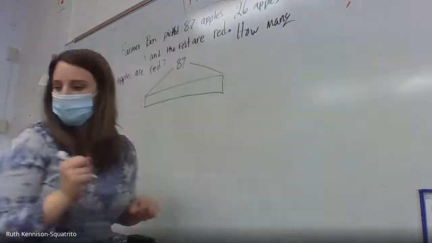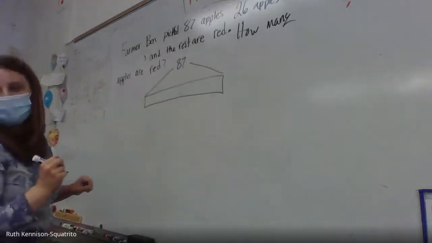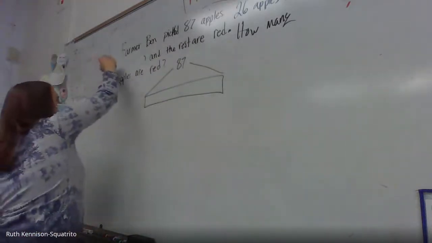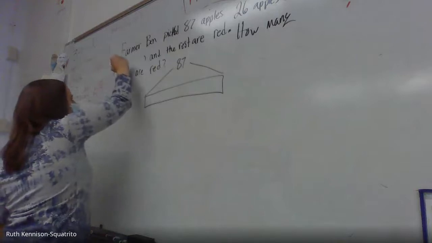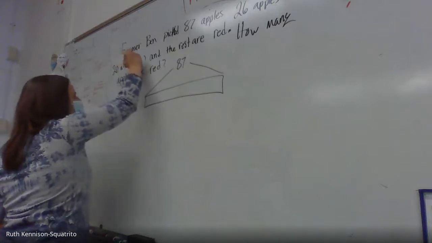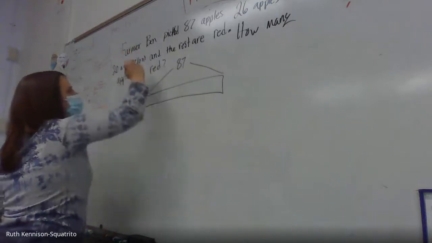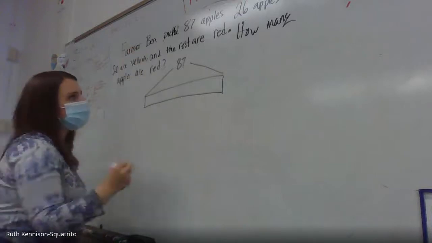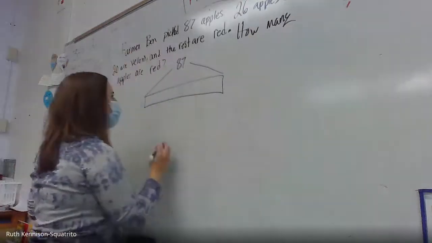And then I missed this one when I was reading it. So we're going to have to say 20 are yellow. There we go. And the rest are red. How many are red?